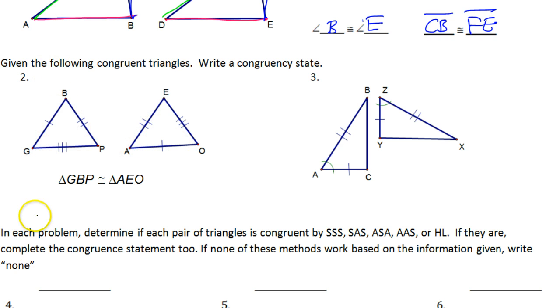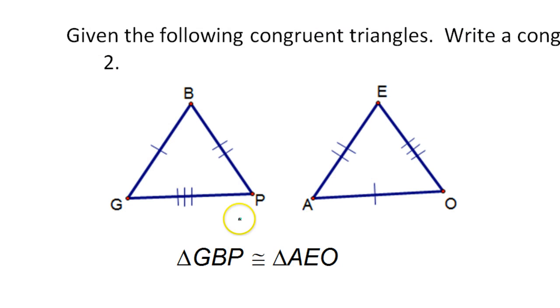Let's colorize this picture to help us see why this is wrong. You see the single mark here. We'll color that pink because we're visual people. On this triangle, this is not the pink side. The single mark over here is AO, so these two go together.